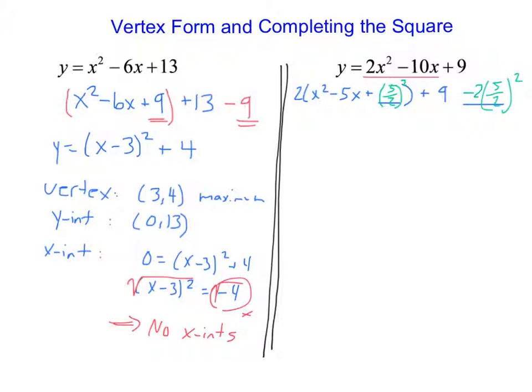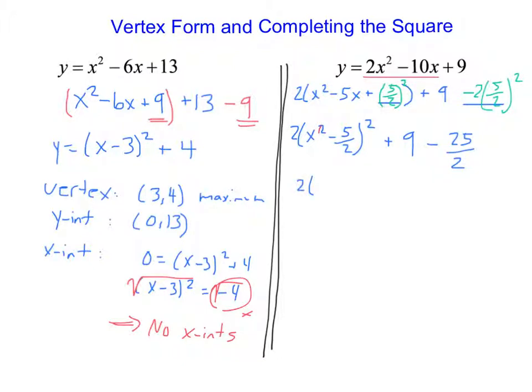Okay, let's expand this out a bit. No reason to really expand the left to 25 over 4. That's not necessary. It's going to reduce to this. But over here I got plus 9 minus. This is going to be 25 over 2 when all is said and done, right? Because it's over 4 and those 2's cancel. Okay, so let's reduce this. I'm realizing there's a mistake in here.